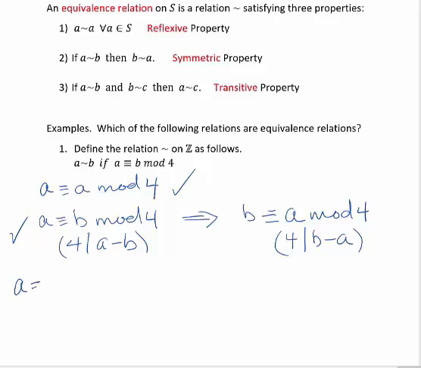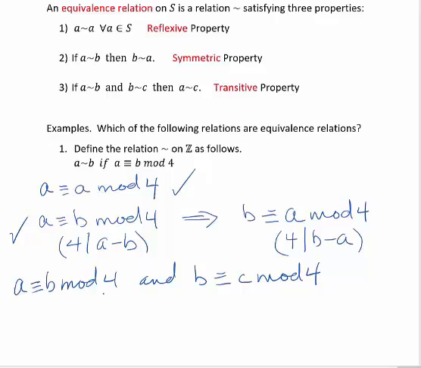And if A is congruent to B mod 4, and B is congruent to C mod 4, we want to know, is A congruent to C? Well, it is, but let's prove it.